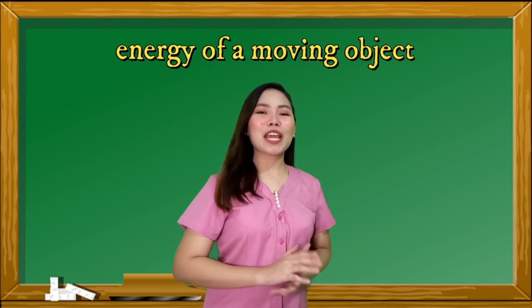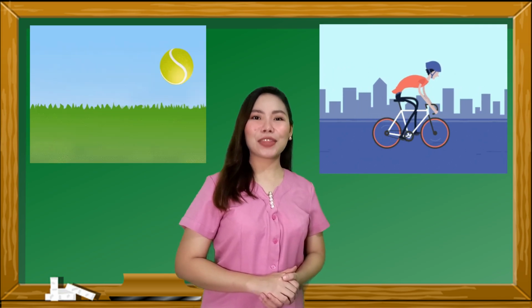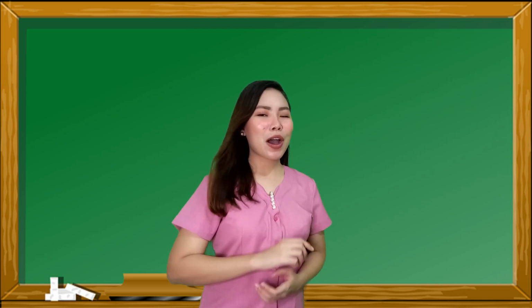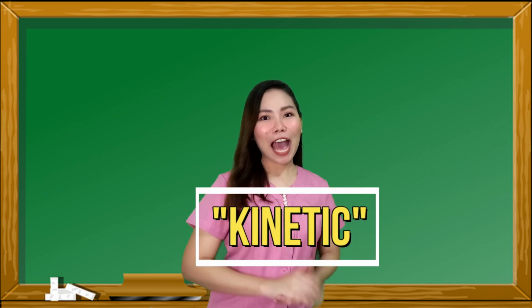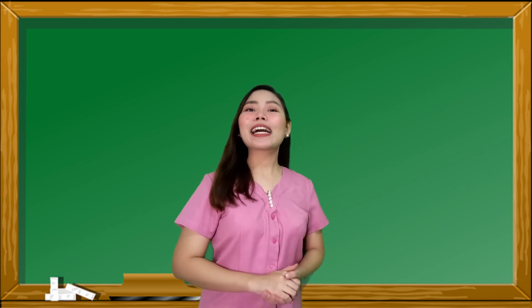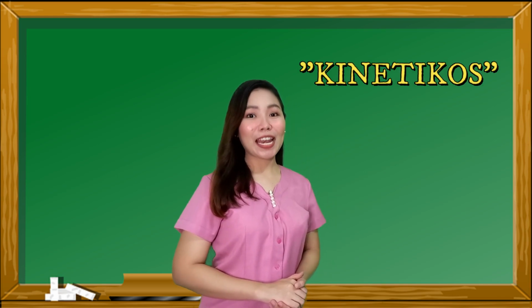So, ibig sabihin mga ka-super science, lahat ng mga bagay na gumagalaw, lahat sila ay nagtataglay na tinatawag nating kinetic energy. At alam nyo ba mga ka-super science, na ang word na kinetic ay hango sa Greek word na kinetikos na ang ibig sabihin ay moving.